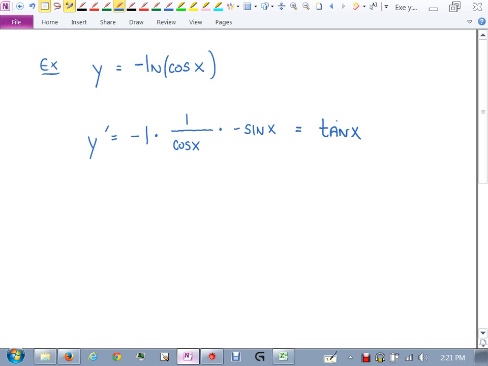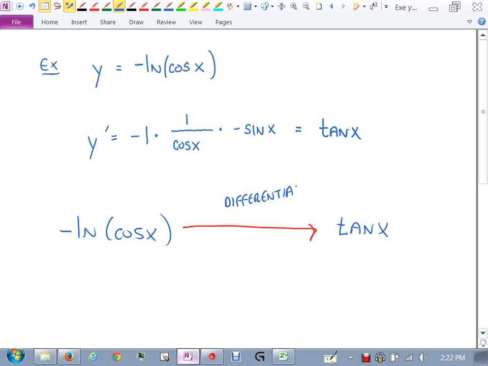In Calculus 2, who are my Cal 2 fans? Who's going to Cal 2? Okay. In Cal 2, the whole beginning of Cal 2 is doing what are called antiderivatives. You start with the function, you take its derivative, and it becomes tangent x. This is called differentiation.